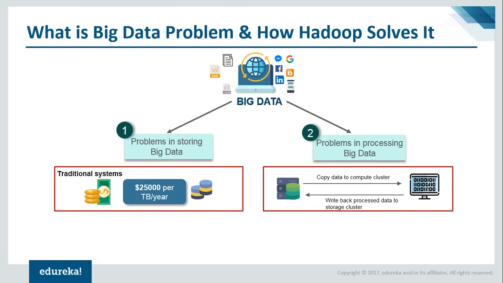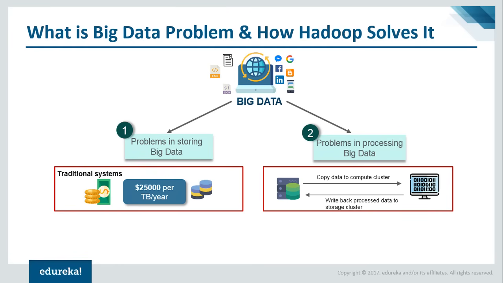Now let us understand the major problems. If I have to simplify it for you, there were actually 2 major problems with big data. The first one was to store the big data, because there is a humongous amount of data in front of us, and if we use traditional servers to store it, it will cost us around $25,000 per year for each TB.